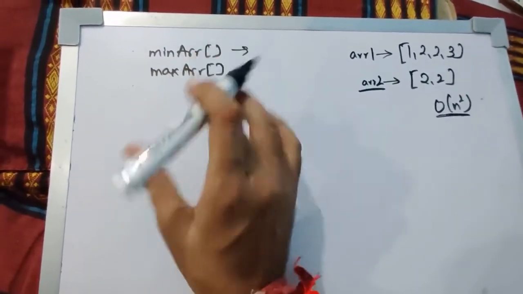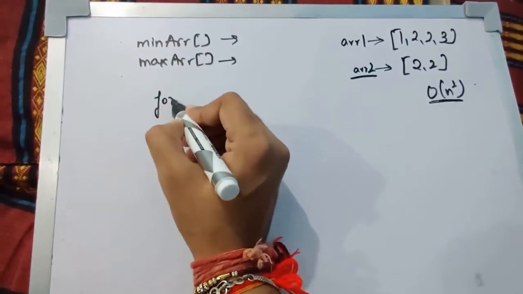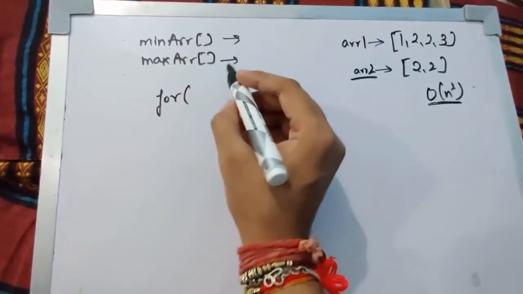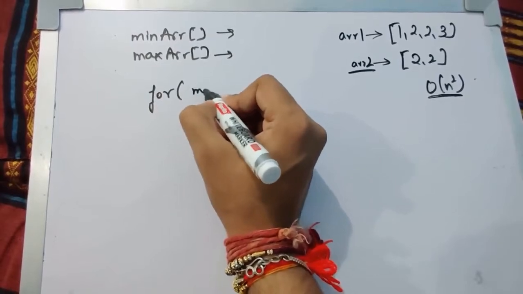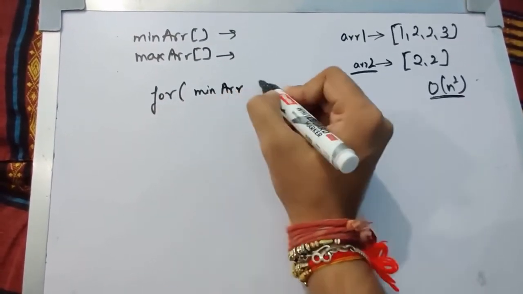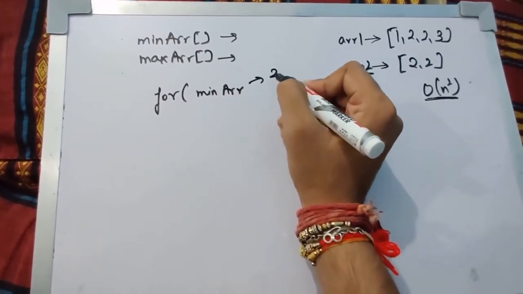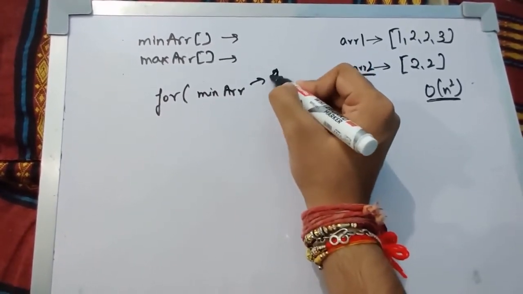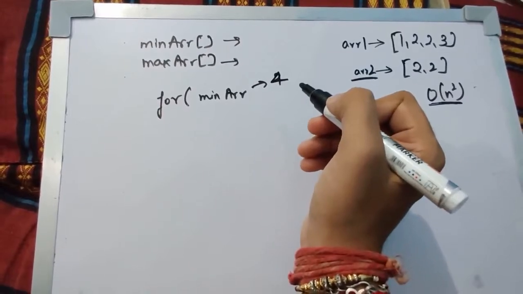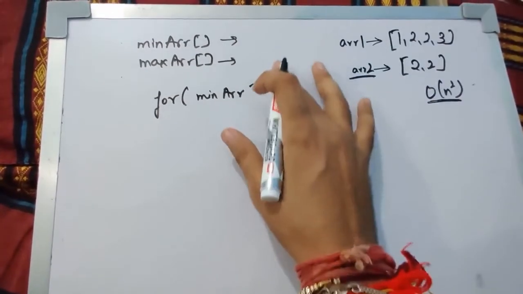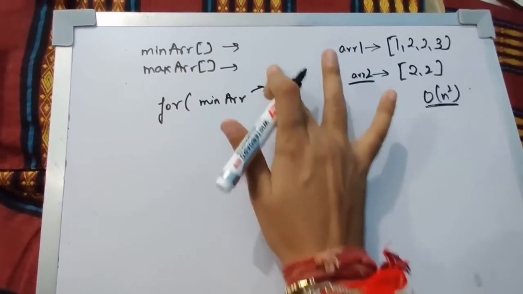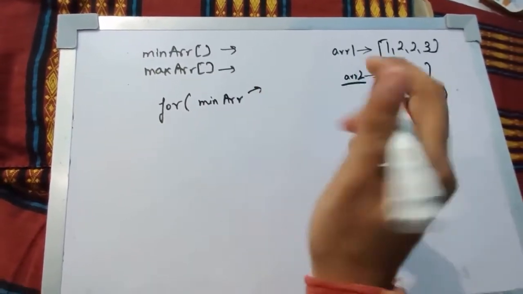When you have that, what you need to do is iterate over the min array rather than the max array. So what will happen is, in the min array you will only iterate the loop twice, right? But if that was the max array, you would have to iterate over it four times. Okay, so you are already reducing it by 2.